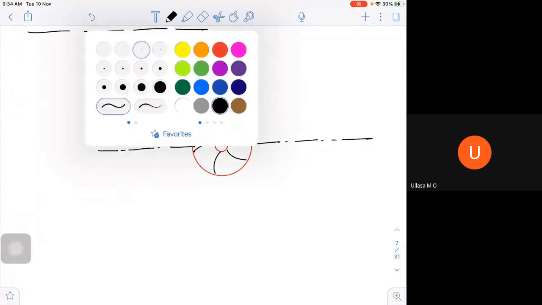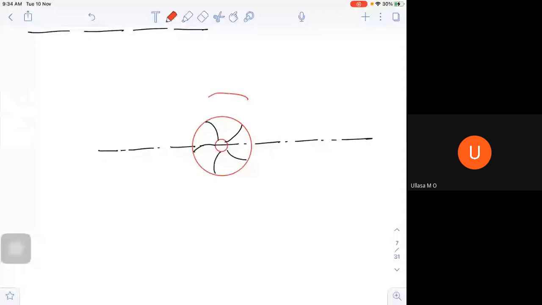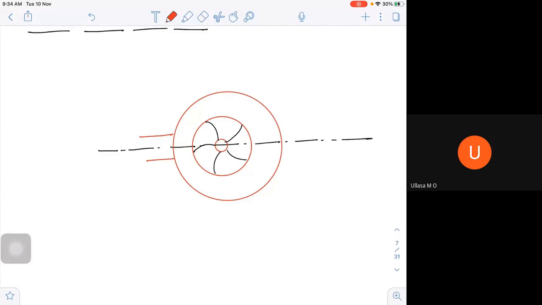Now to this, I can draw what is called your casing. This is your casing, a volute type of casing, where the area is increasing. I do have a suction somewhere to the center, something like this.